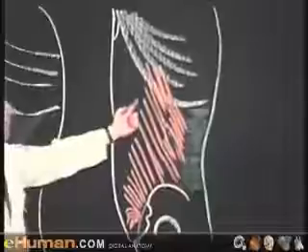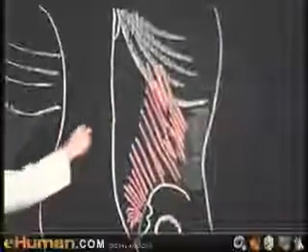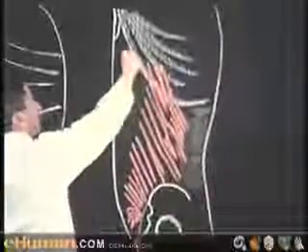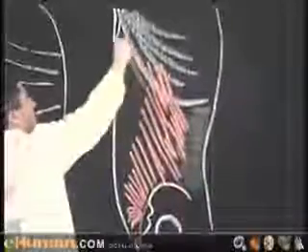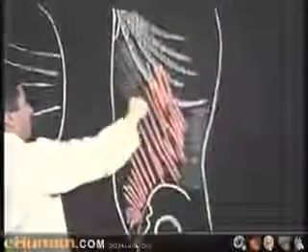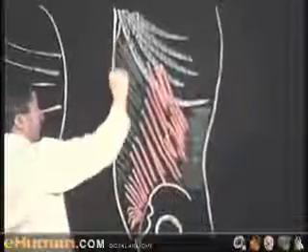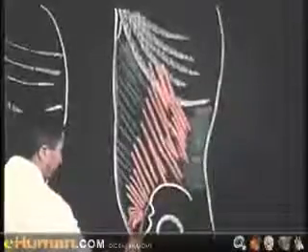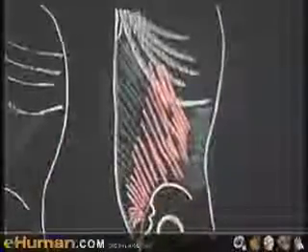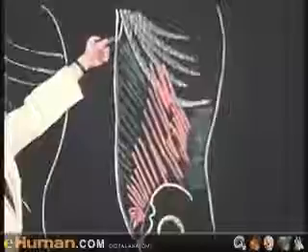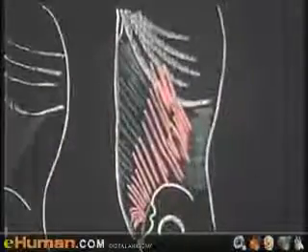Now, from this point onwards, the fibers continue as an aponeurosis. And the aponeurosis extends towards the midline and fuses with the linea alba. The linea alba, you remember, was that thickened fibrous band which extended down from the xiphoid process, down to the symphysis pubis.